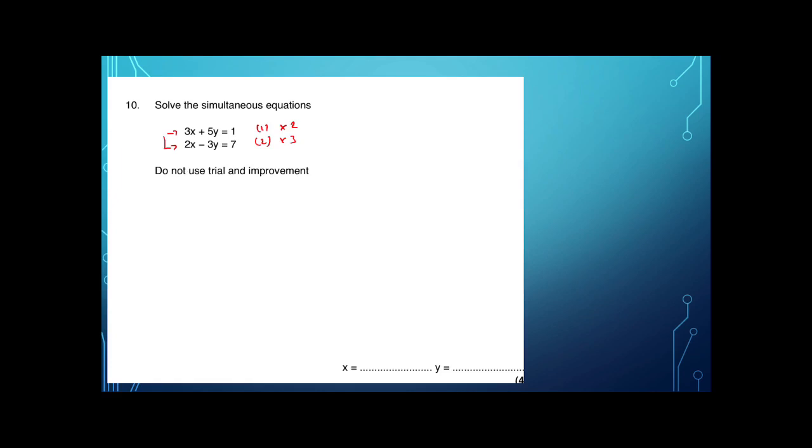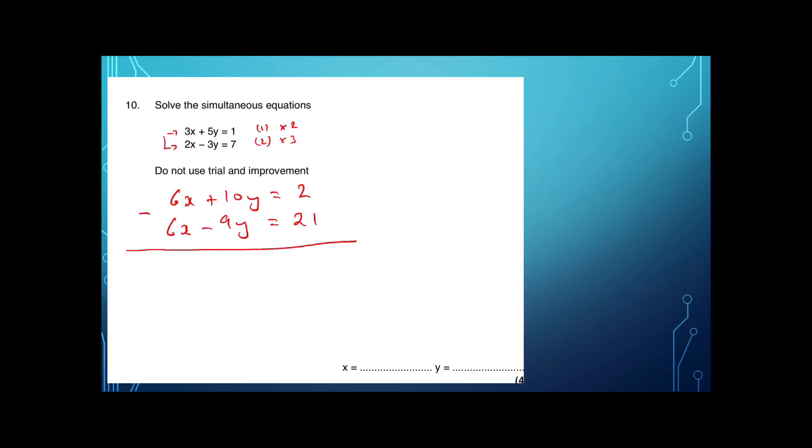Okay, so multiply the top one by 2, 6x plus 10y is equal to 2. And the bottom one by 3, and that's 6x minus 9y is equal to 21. Very similar to the last one.